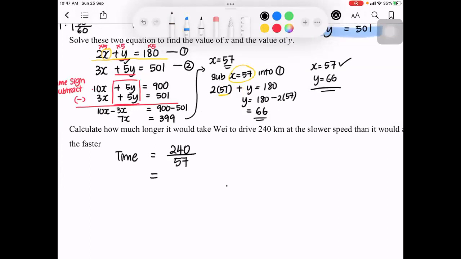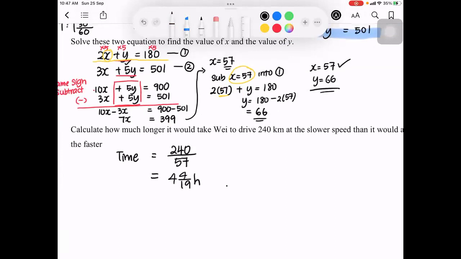That will give me 240 divided by 57, 4 and 4 over 19 of an hour. The other time for the faster speed: 240 over 66. Both of them are speeds according to the question. Then this one will be 3 and 7 over 11.